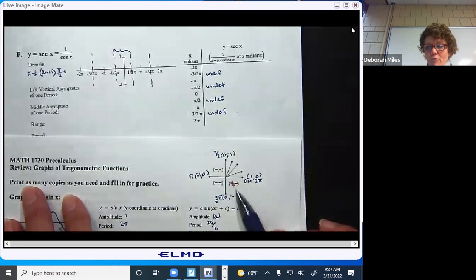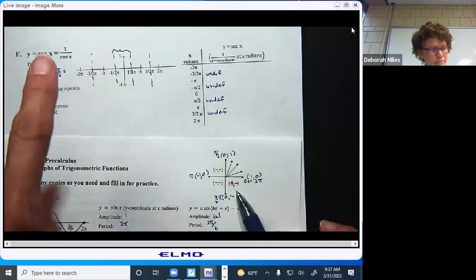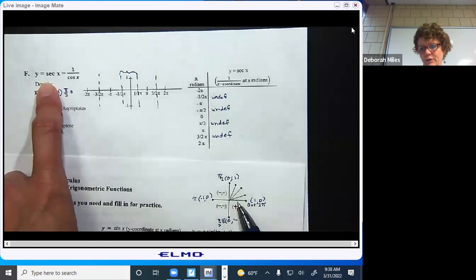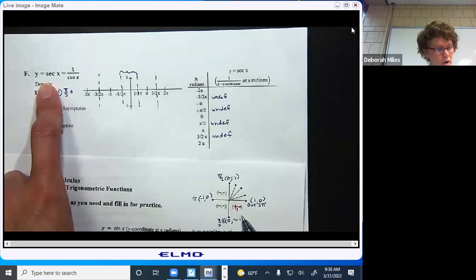That's the first and fourth quadrant. What do you know about the sign of secant in the first and fourth quadrants? Yeah, your x's are positive in the first and fourth quadrant.